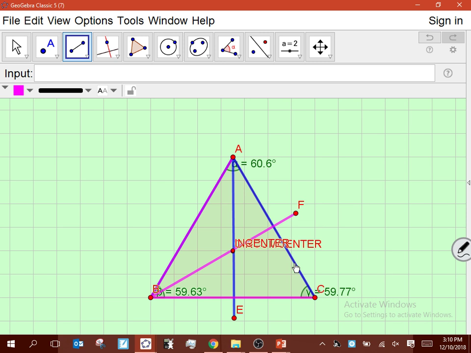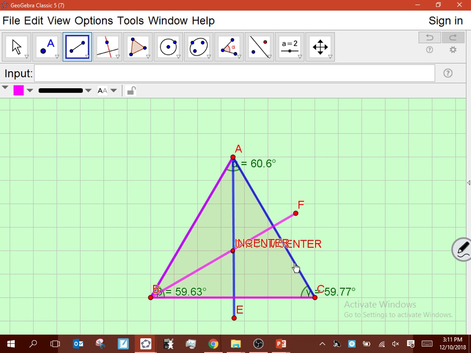So that segment is also an angle bisector and a perpendicular bisector at the same time. Is that all right? Equilateral triangles are the only triangles in which all three angle bisectors are also all three perpendicular bisectors. Is that okay? And it's all because of the corollary that said if you take an angle bisector of the vertex angle, it is perpendicular to the base at the base's midpoint.